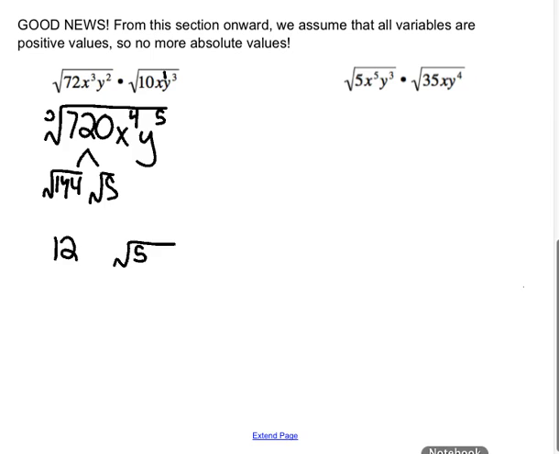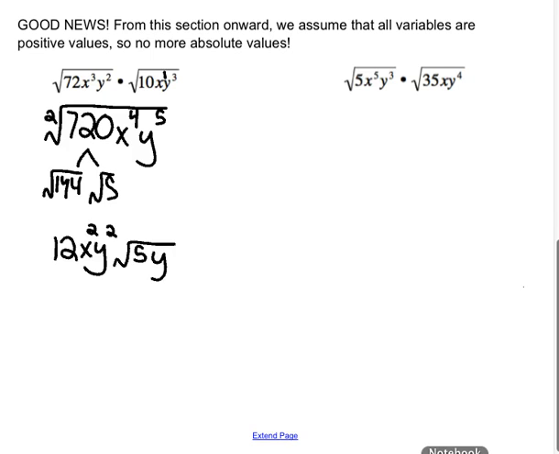So here this is a square root, so 2 goes into 4 2 times, so x squared pulls out. 2 goes into 5 2 times, but that only gets me up to 4, which means I have one other y stuck inside, which would get me up to the 5. And then that's going to be the end of simplifying that one, because again, no longer do we have to worry about absolute values. So that is legitimately just the end.